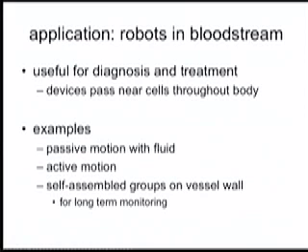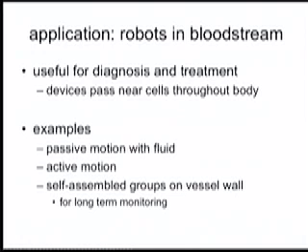So the application I'm going to be looking at basically is robots operating in the bloodstream. So this would be basically for a task where you're having the robot, say, look around for cancer cells or other diagnostic purposes or deliver drugs, so that they're just patrolling the body for some particular medical treatment or diagnostics, with the ability for these devices to pass near cells throughout the body.